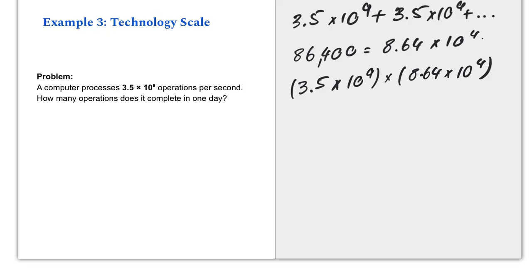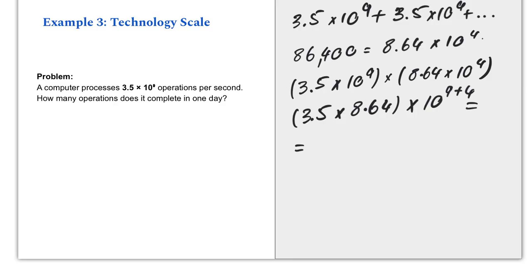You remember the rule for multiplying numbers in scientific notation. We multiply the front numbers, which are the coefficients, and then add the exponents. Let's do it step by step. Multiply 3.5 times 8.64, and then add our exponents, 9 plus 4.